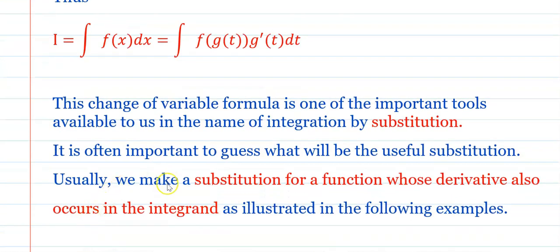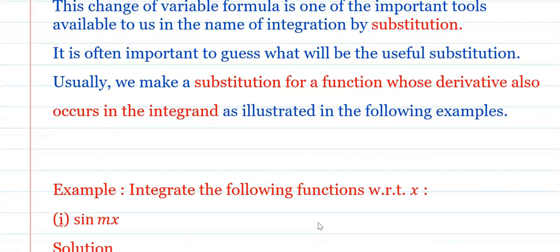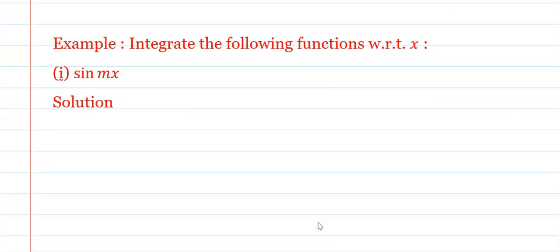Usually, we make a substitution for a function whose derivative also occurs in the integrand, and I will explain this. In each and every example, there is a function and its derivative also present, but you have to select the proper substitution, as illustrated in the following example. Now the first example, see this here.